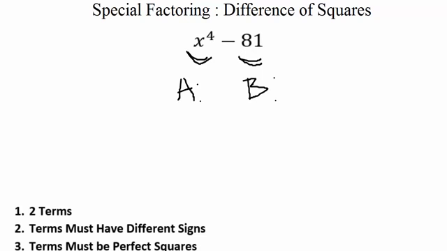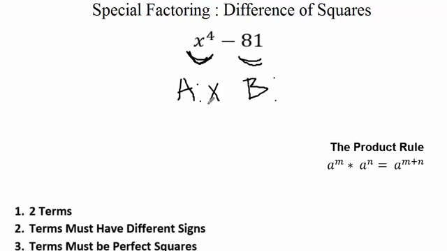Okay, so then taking a look at our first term, what times what gives us an x to the 4th? So if we have to multiply to get x to the 4th, we need to remember the product rule. And remember that the product rule says that when we're multiplying like bases, which we would have to have here, that we would add those exponents. So what number plus the same number gives me 4?